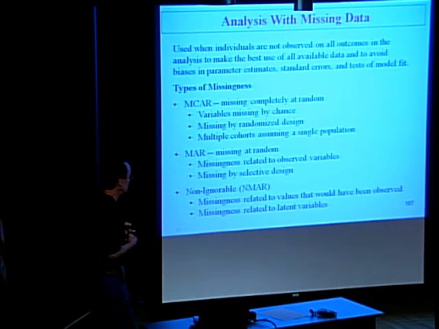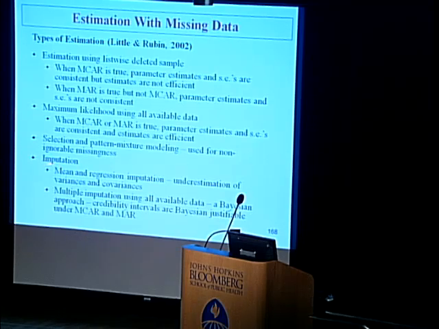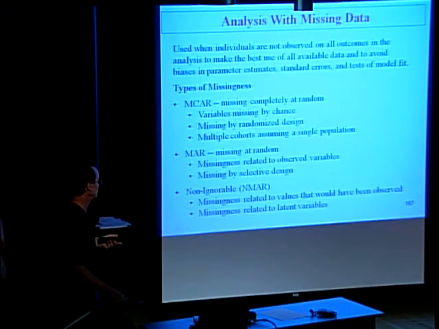I'm also going to tell you a little bit about imputation, which is another approach to missing data. It means calculating, estimating values for the missing data. So estimate each person's missing data. That's an imputation, and you can do that with various techniques.